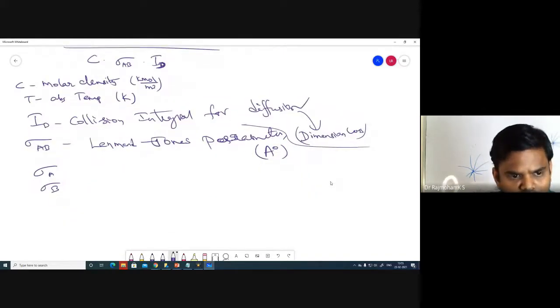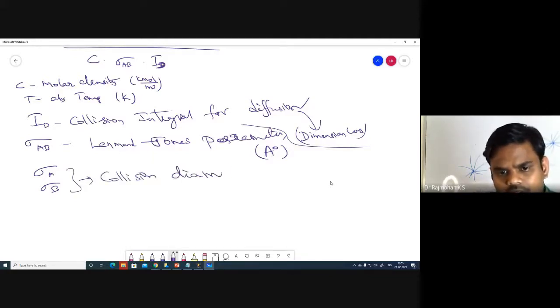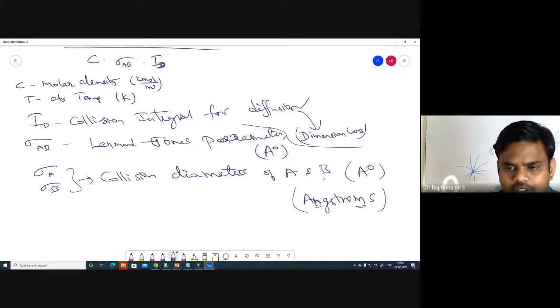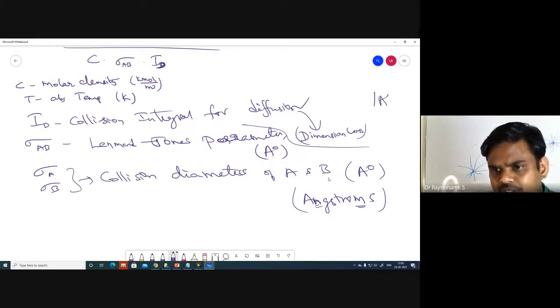Sigma A and sigma B are the collision diameters of A and B, and they are also in angstroms. Some people write AM here, but the correct spelling of angstrom is this. What is an angstrom? 1 angstrom is 10 power minus 10 meters or 10 power minus 8 centimeters.